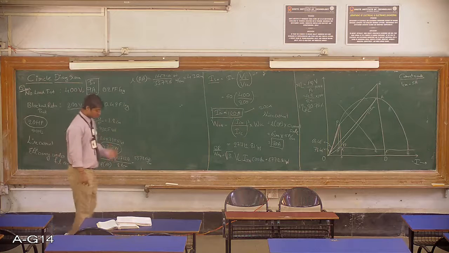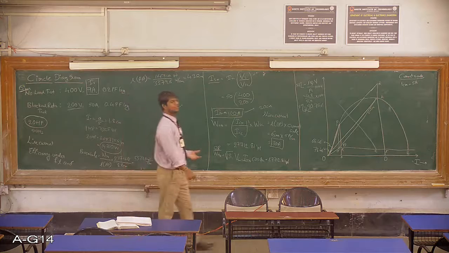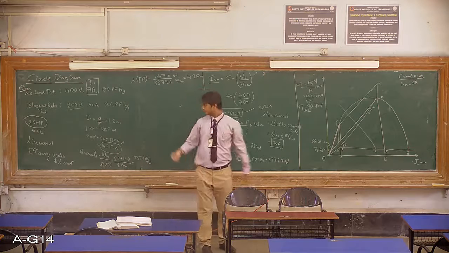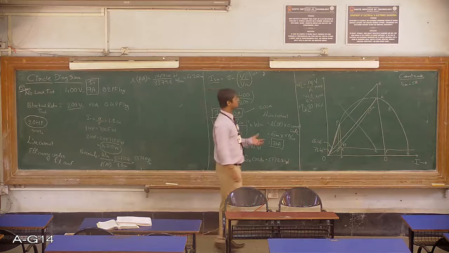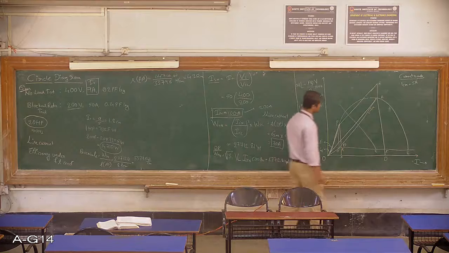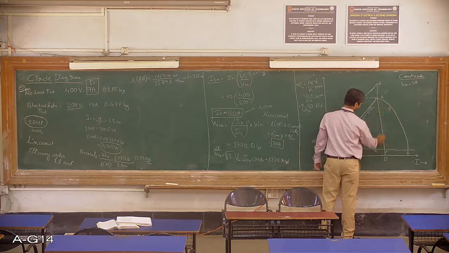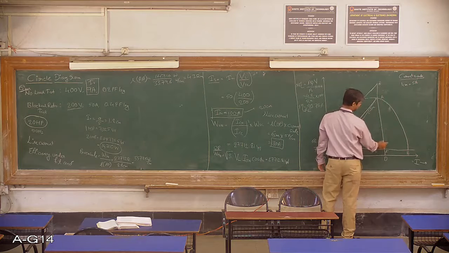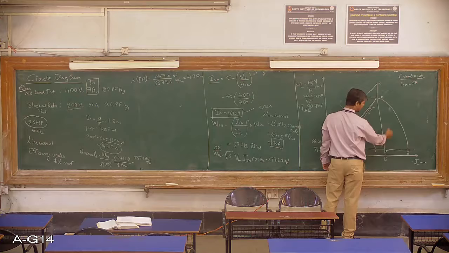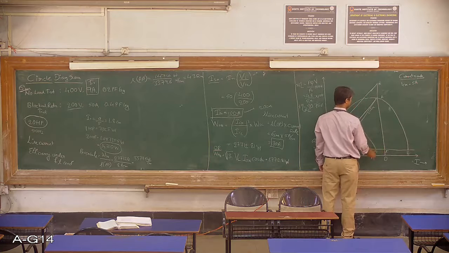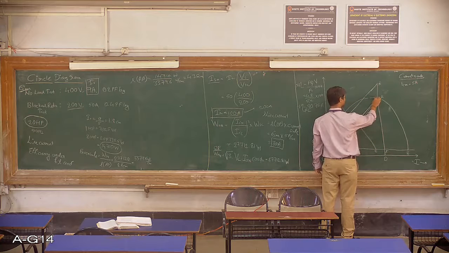Now after that, they have asked us to calculate a few parameters based on the full load condition. So here this is WSN, which belongs to all the losses. To show the output, I should be extending this line over its head.